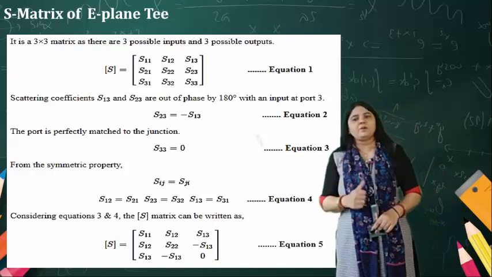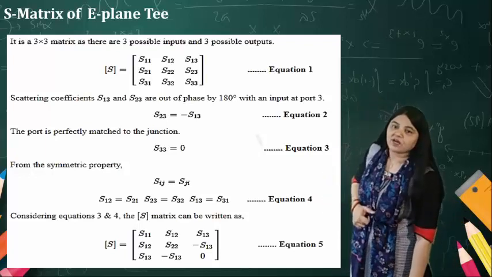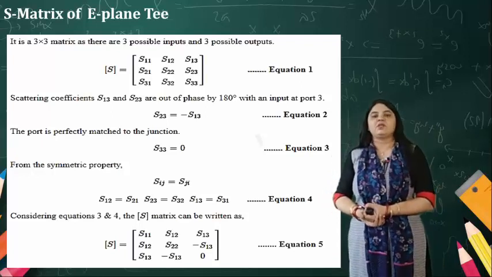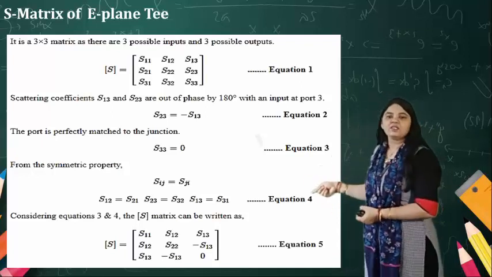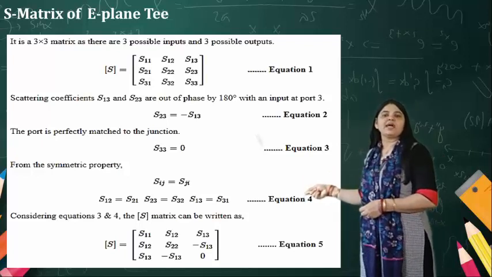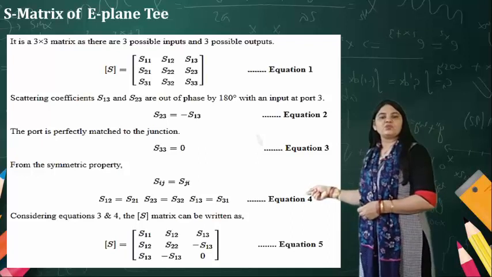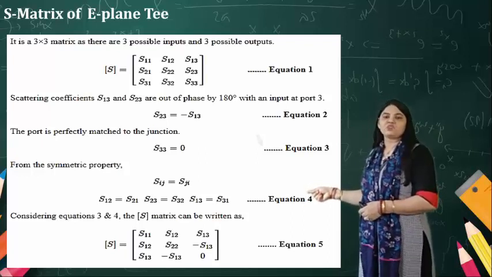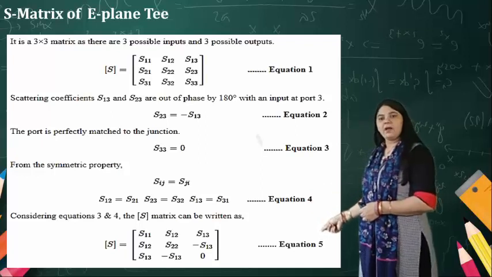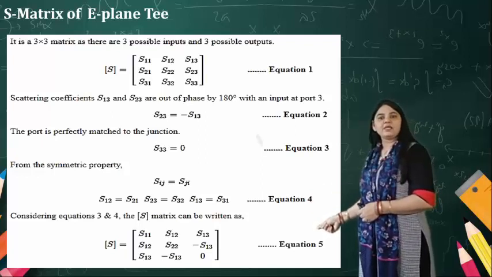Now we know the symmetry property of the S matrix, that Sij is equal to Sji. So in equation 4 it is mentioned S12 is equal to S21, S23 is equal to S32, S13 is equal to S31.